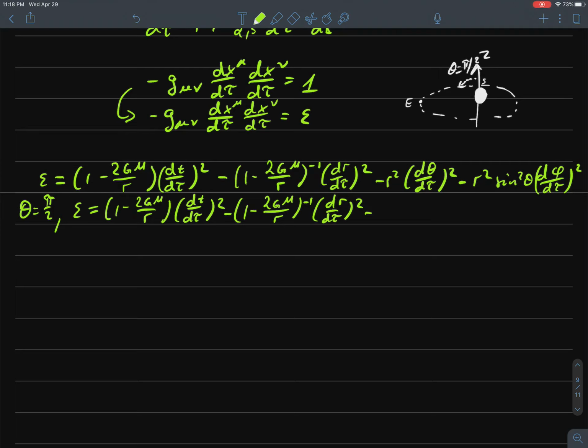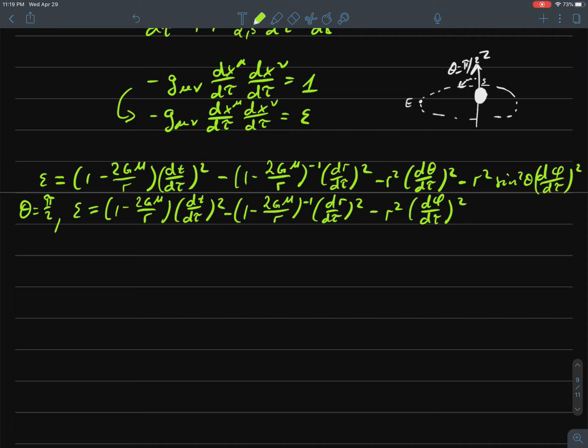Oh, actually, something does change here, because we've picked a value for theta, so this term is going to be 0, because d of pi over 2 is just 0. And here, sine of pi over 2 is 1. 1 squared is 1. So that simplifies that nicely. Okay, so here's our simplification.